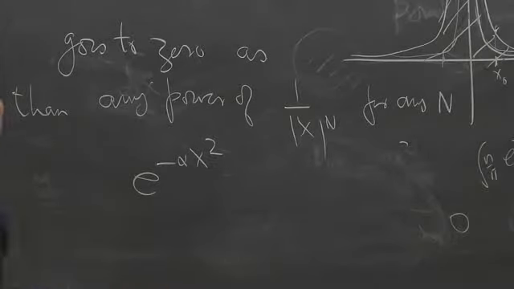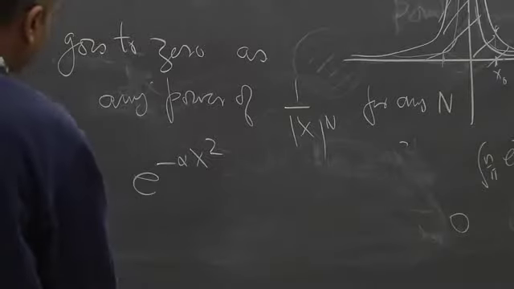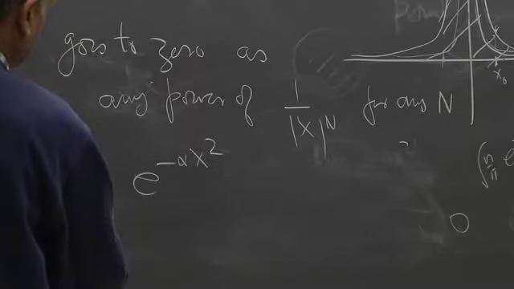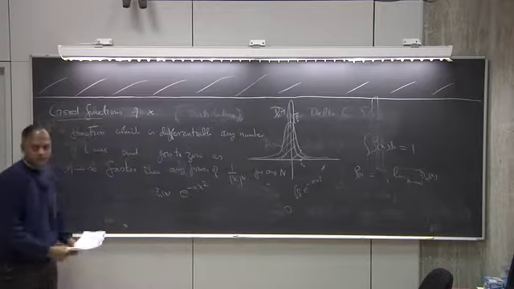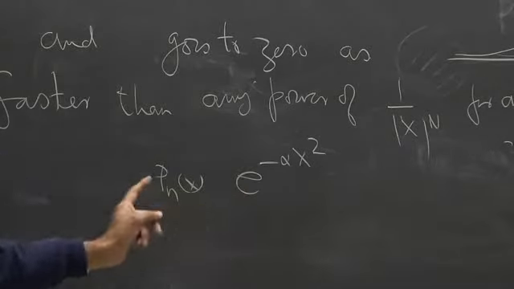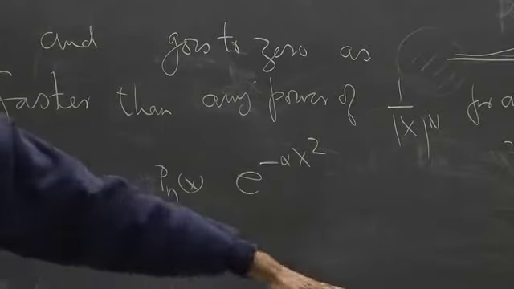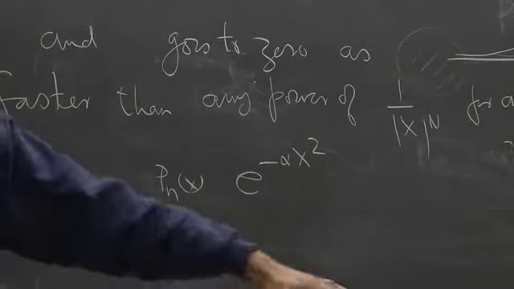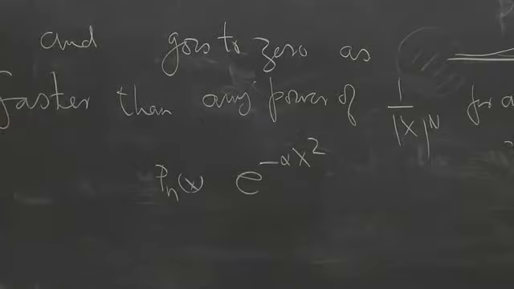In fact, you could also multiply by any polynomial, an nth degree polynomial, to this Gaussian, and that still has the same property. It's differentiable any number of times and goes to 0 faster than any power of 1 over x as you take x to infinity. So these are all good functions.